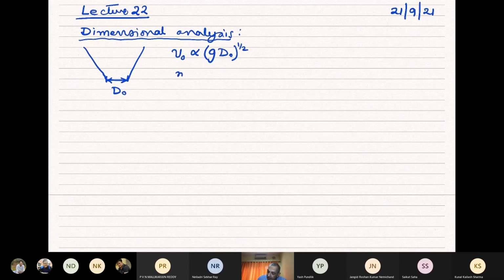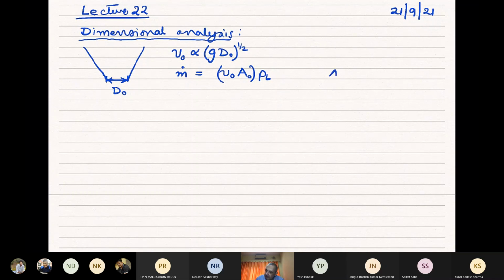And then the mass flow rate is just the velocity times the area of flow times the bulk density.